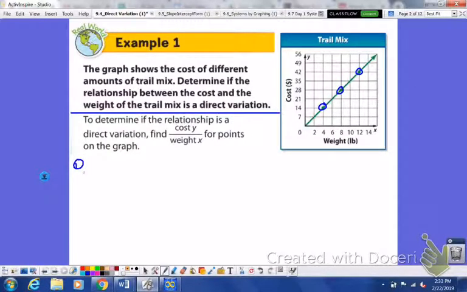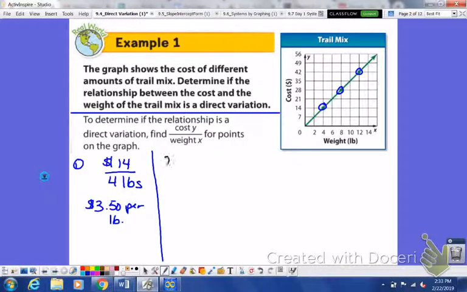So if we look at our first example, we have $14 when we have 4 pounds of trail mix. So that's over to 4, up to 14. Notice we're not moving by 1 this time. And 14 divided by 4 would give us $3.50 per pound.